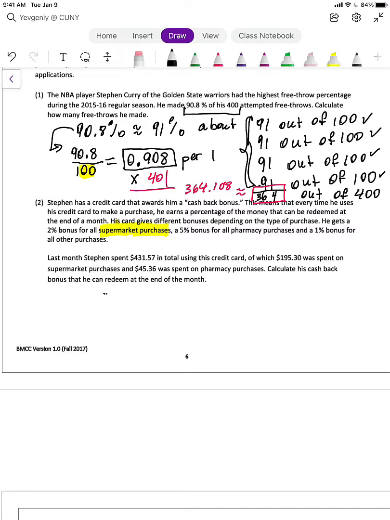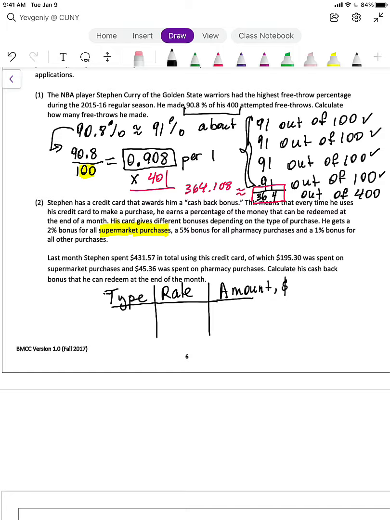We're going to put that on the table. We're going to put the type, and then the rate that he gets. And then over here, we're going to calculate the amount in dollars.